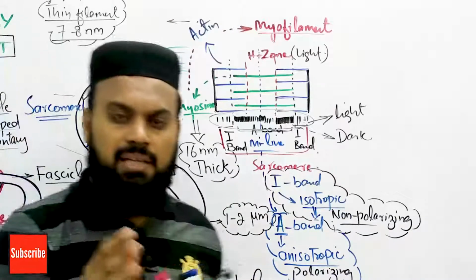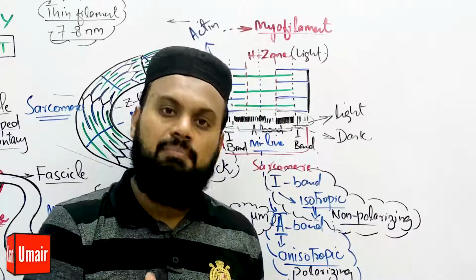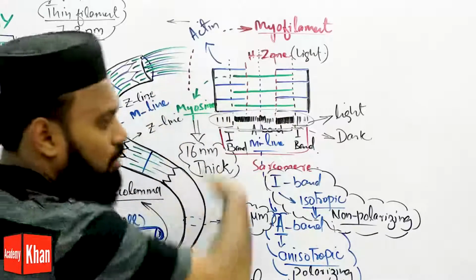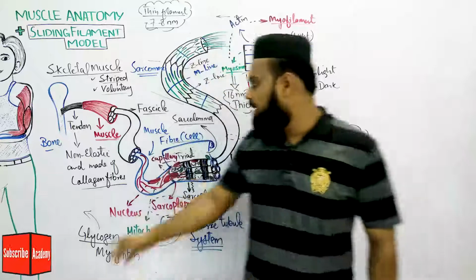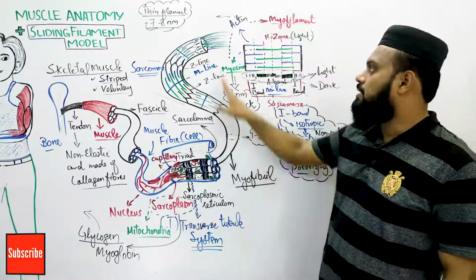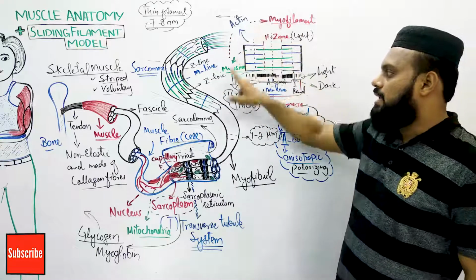So simply, there is a dark and a lighter portion, and that makes the muscle striated. So this is the whole structure of the sarcomere, and the sarcomere is repeating again and again in the myofibril. And in the myofibril there are two kinds of filaments called actin and myosin.